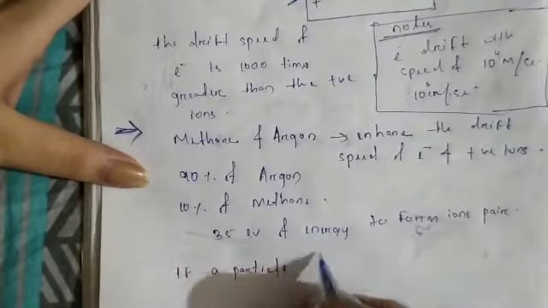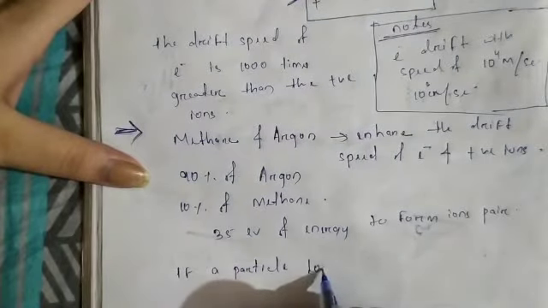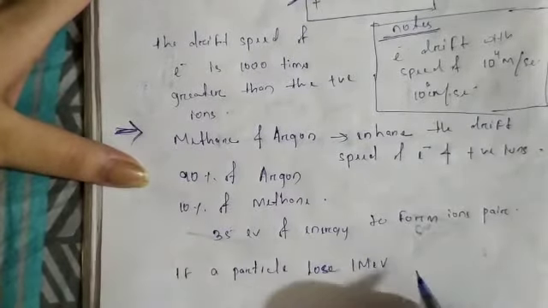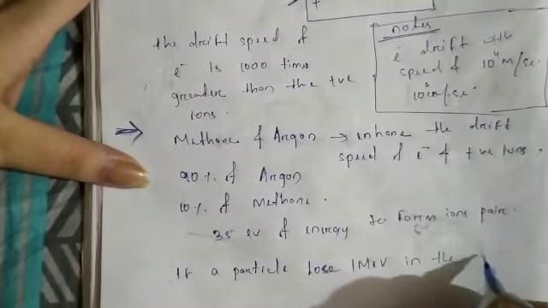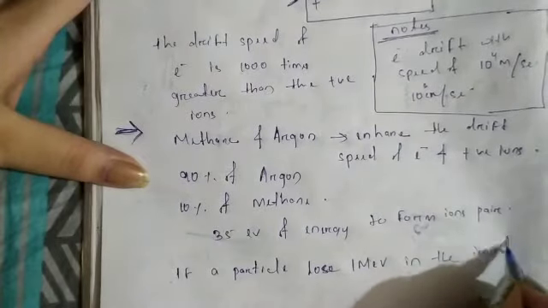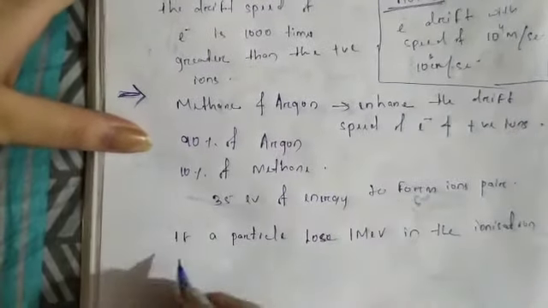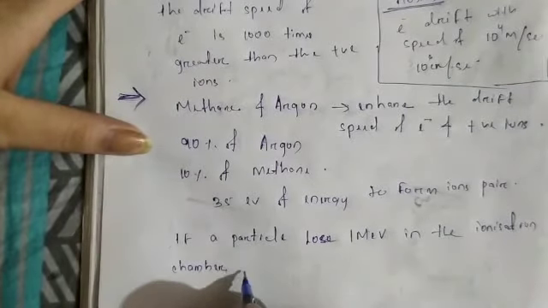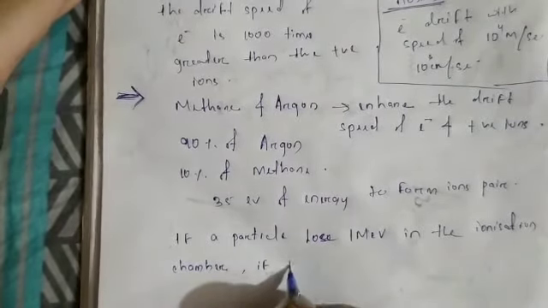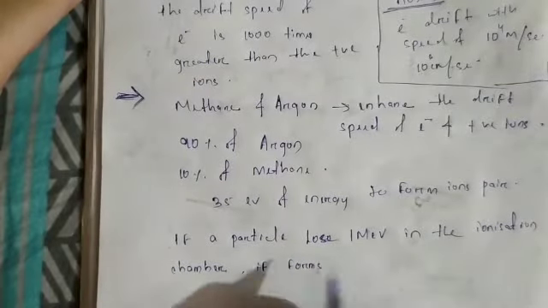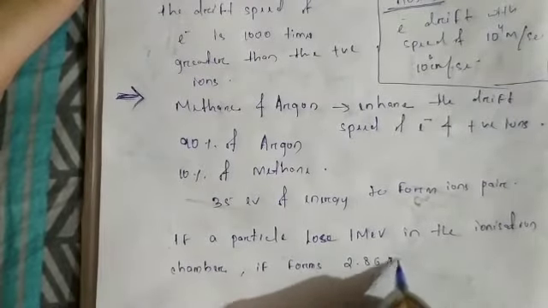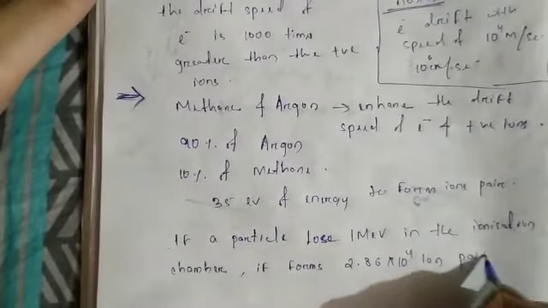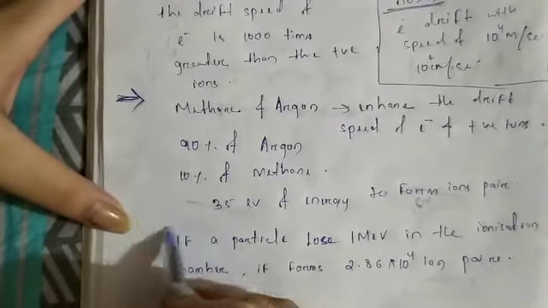So if a particle loses 1 mega electron volt in the ionization chamber, it forms 2.86 into 10 to the power 4 ion pairs. That's surprisingly interesting.